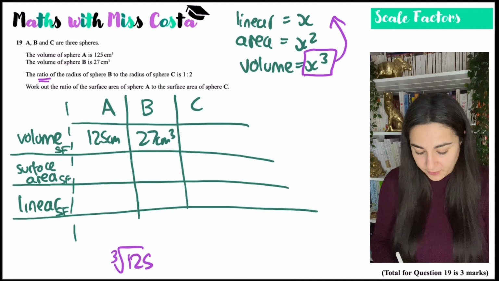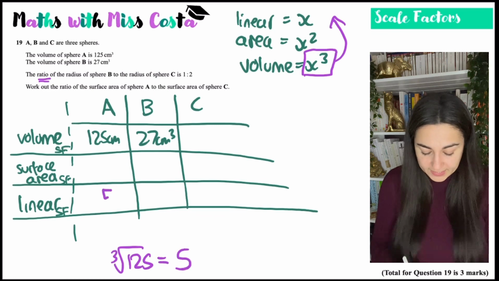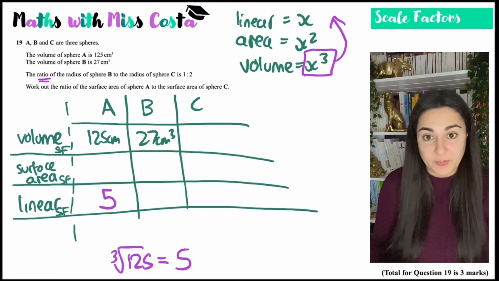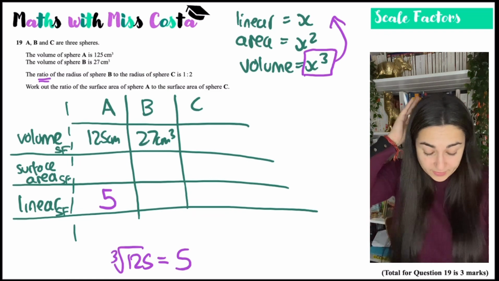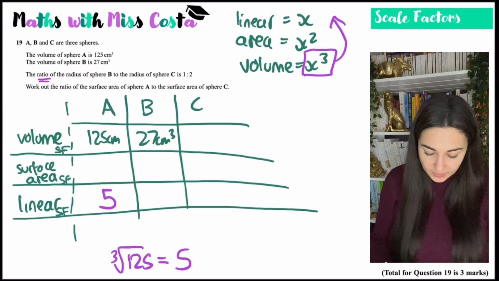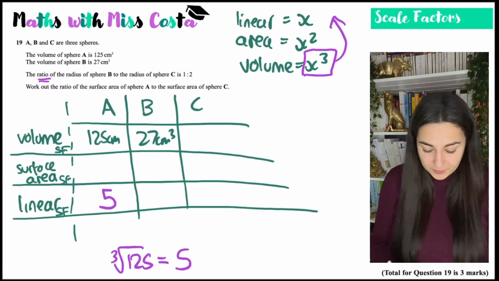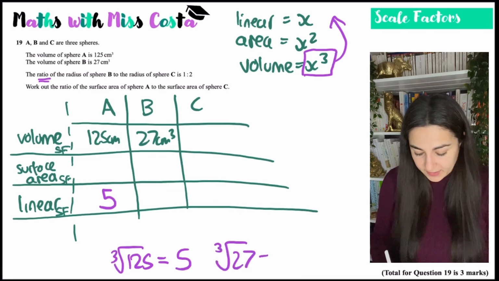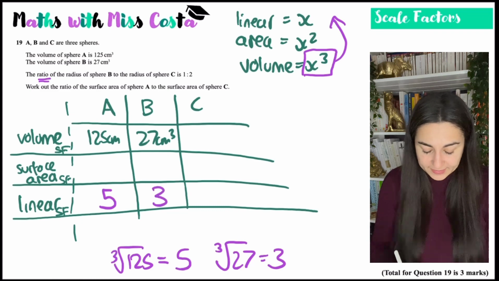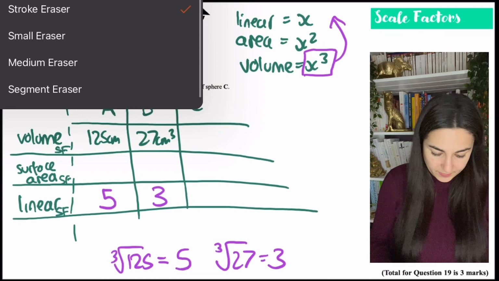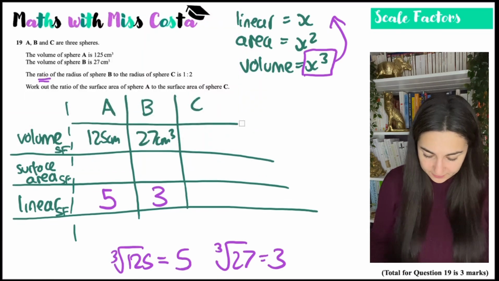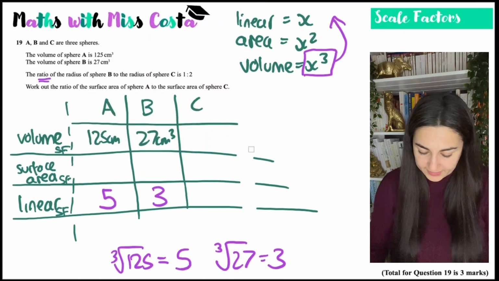So the cube root of 125 is 5. So the linear scale factor must be 5, and therefore the radius must be 5. I work backwards as well. So the cube root of 27 is 3. So the radius of sphere B must also be 3.